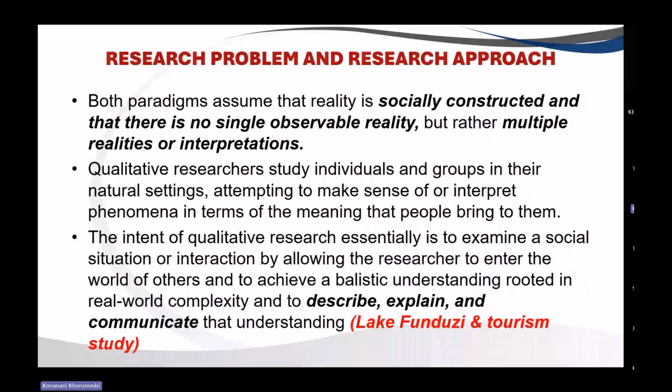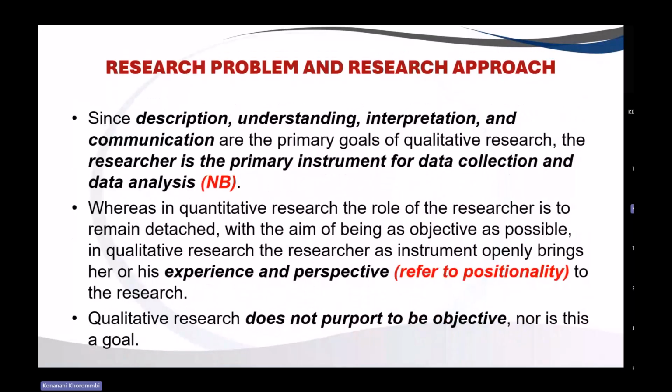Since description, understanding, interpretation, and communication are the primary goals of qualitative research, the researcher is the primary instrument for data collection and data analysis. And we have said because of that, elements of bias might be there because this guy collects data. He can write what he wants. People can tell him, we are suffering, we are hungry here, or there's no provision of basic services.